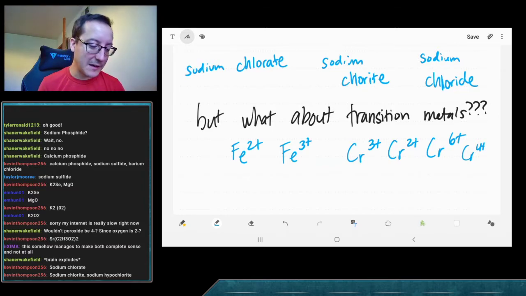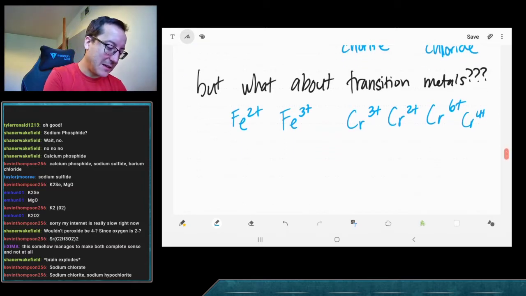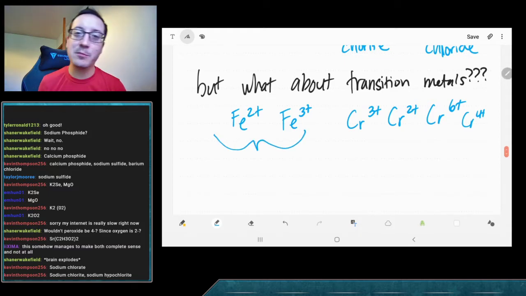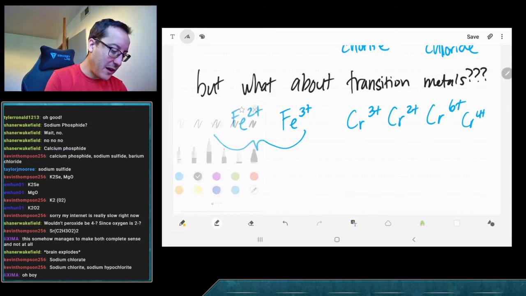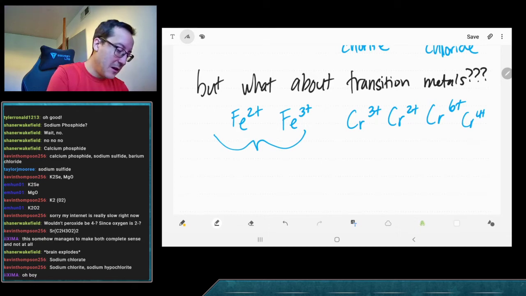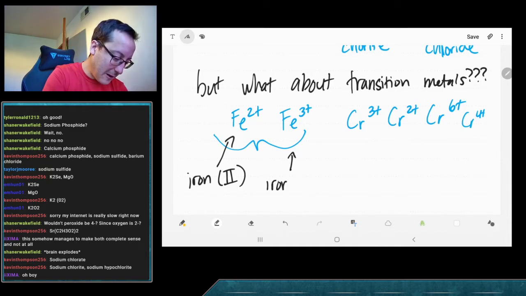And so we're going to see that we have to call these by special names because we can't just say iron anymore, since iron could have different charges. It just depends. However, we have a nice way of referring to this. We would say this one is iron 2, and this one is iron 3.